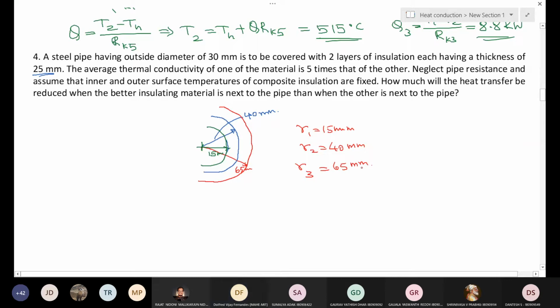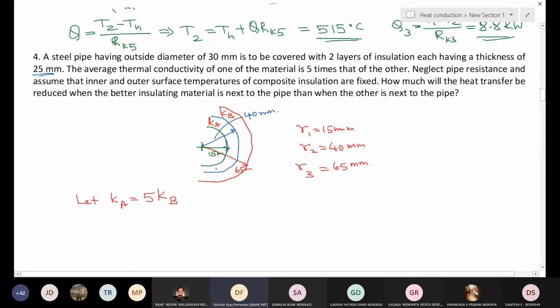So the next thing is, let's name these materials as A and B. The thermal conductivity of material A is Ka and this is Kb. So what it says, thermal conductivity of one of the materials is 5 times that of the other. So let Ka equal 5 times Kb.